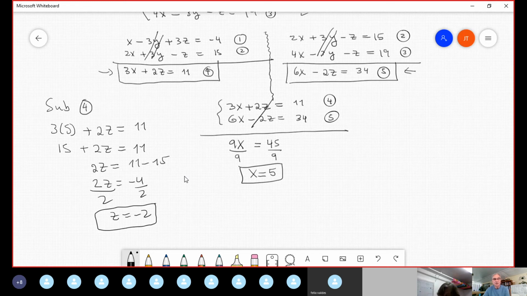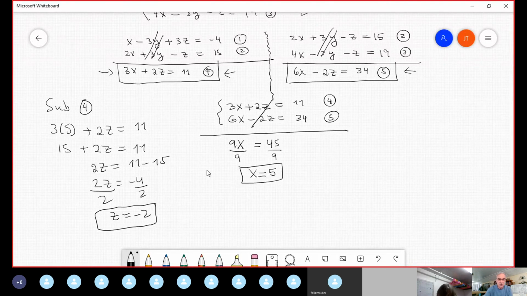Nice. I have in my hand 2 variables, x and z. I need only one. In this case, 4 and 5 is completely useless. We cannot use it anymore because this is the variable that we have actually.